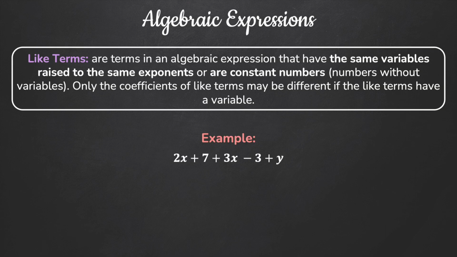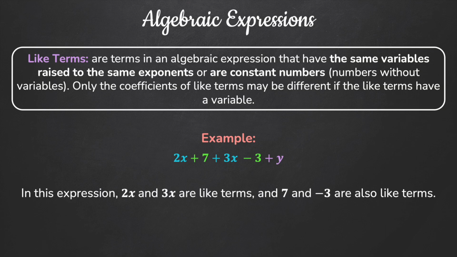So here we have an example. We have 2x plus 7 plus 3x minus 3 plus y. I'm going to color code this so we can see our like terms. In this case, 2x and 3x are like terms because they have the same variable, and x both has the same exponent of 1.